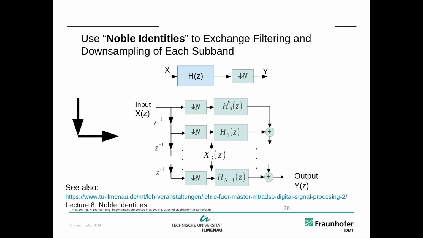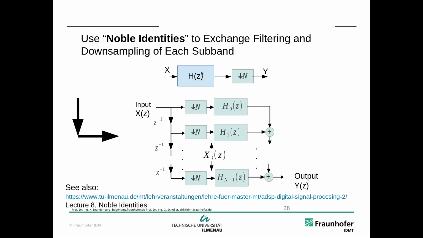And now we can do processing on those blocks, or on those differently downsampled sequences, downsampled at different phases. So that's why we have to think about what H0, H1, and HN-1 are. It's not quite obvious what those filters are.